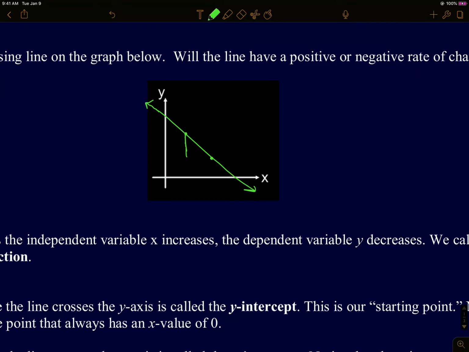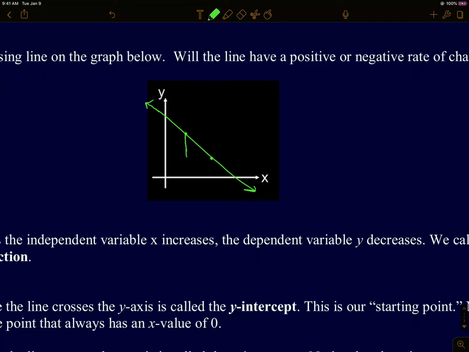The y, the dependent variable, which is always the y, in this case is going up. So when we say the independent variable is going right, that's the change in x going in a positive direction. And then our change in y is going in a positive direction because it's going up. Up is a positive direction for change in y.